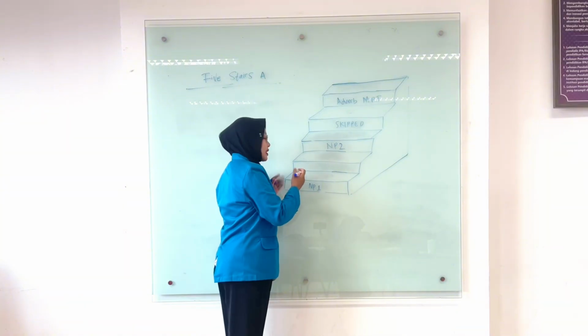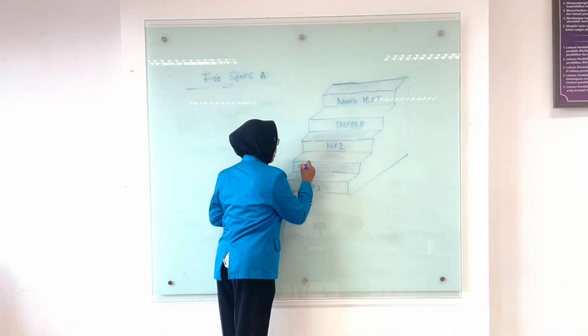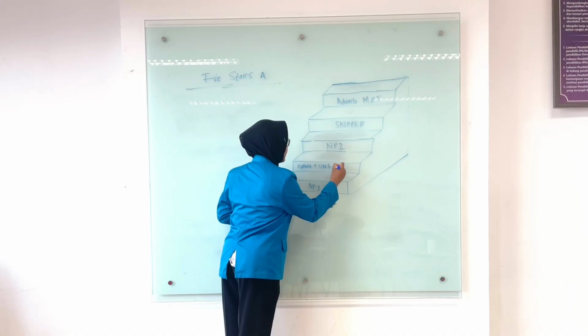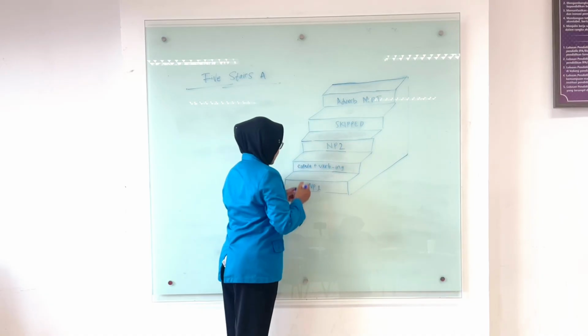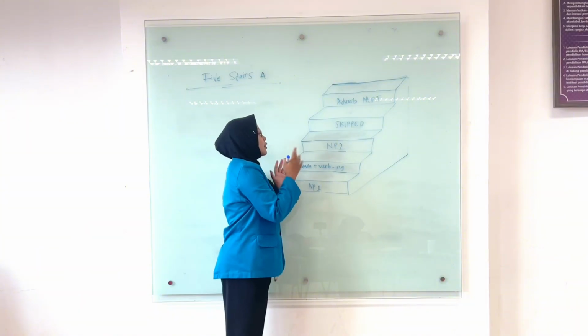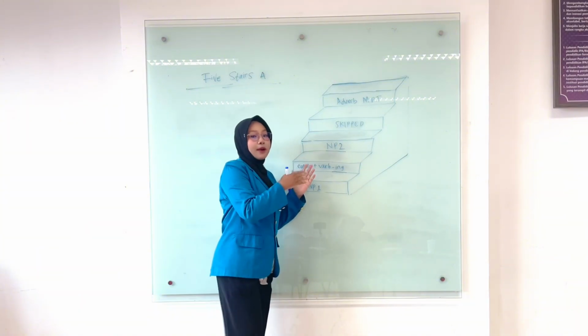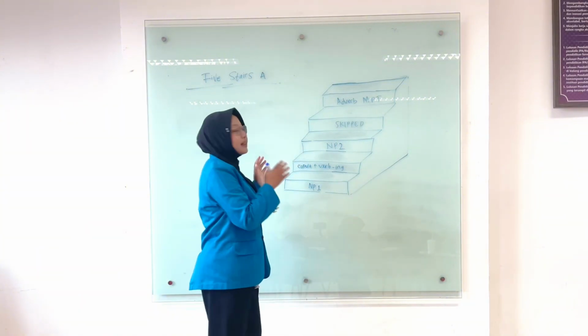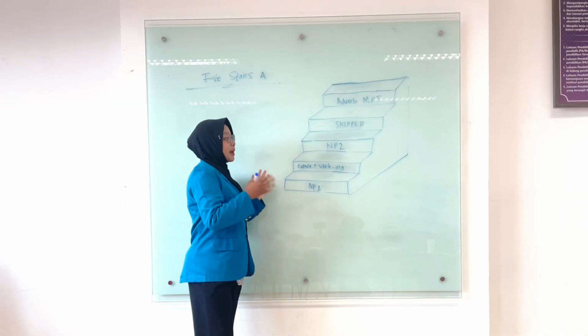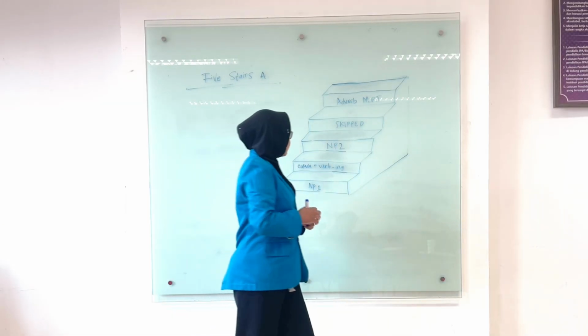The second stair is copula plus verb-ing. The third stair is NP2. The fourth stair is predicative adjunct, but we skip. And the last stair is adverb of MPT, which is manner, place, and time.